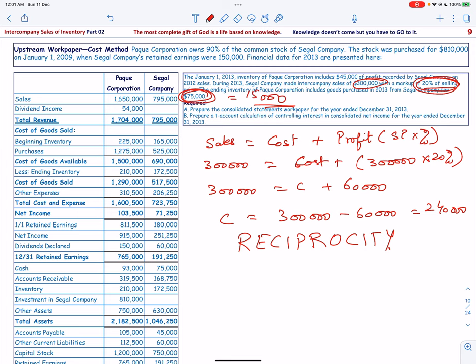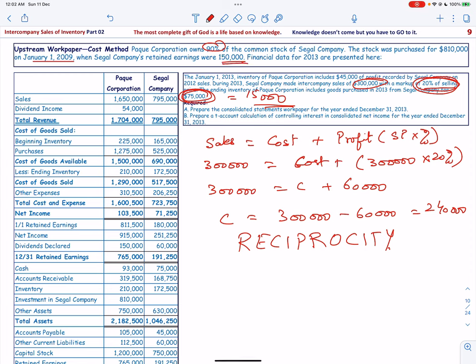And let me talk a bit about reciprocity. Now, on January 1, 2009, when P Company acquired 90% of the common stock of Segal Company, the Segal Company's retained earning was 150,000.